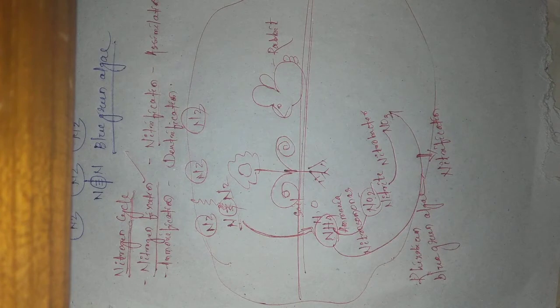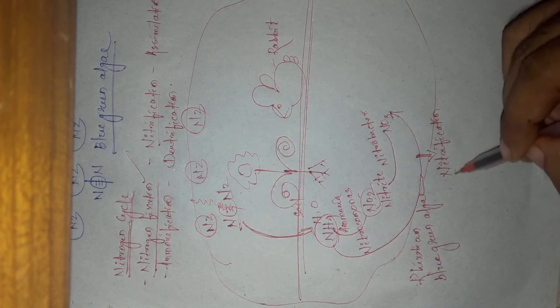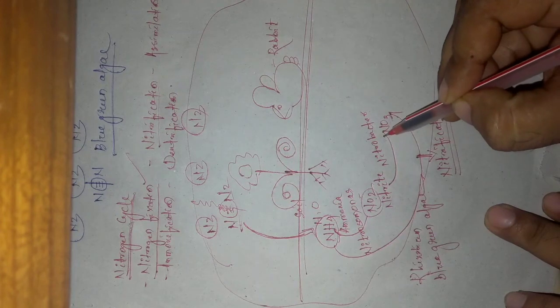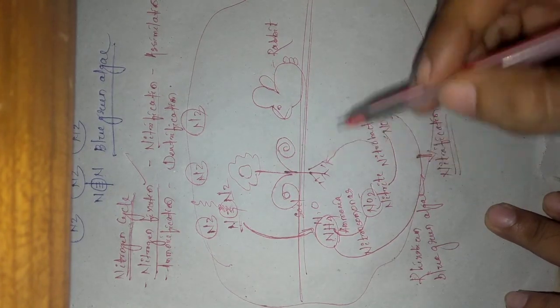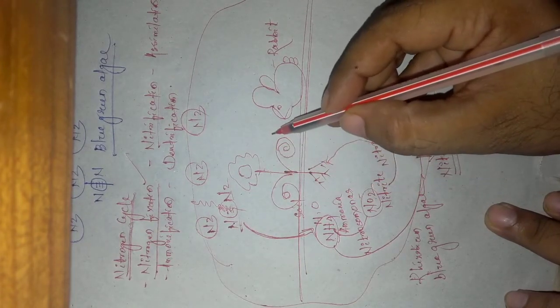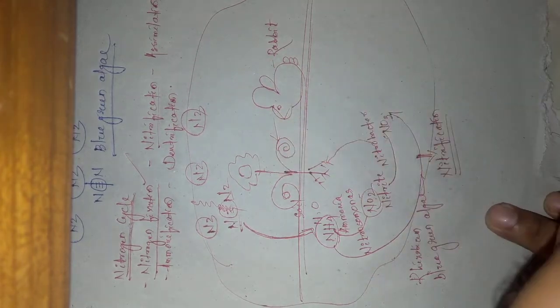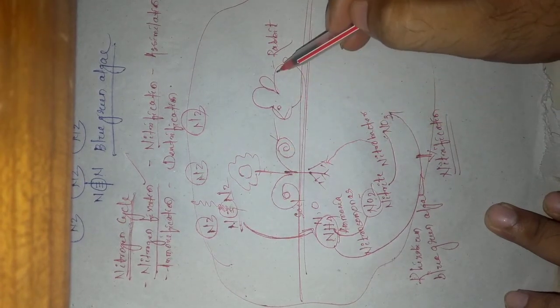Understood? When ammonia is converted into nitrate, that process is known as nitrification. And these compounds are absorbed by the roots of the plants. Again, when the herbivore animal eats the plants, the nitrogen is indirectly transferred to the animal.